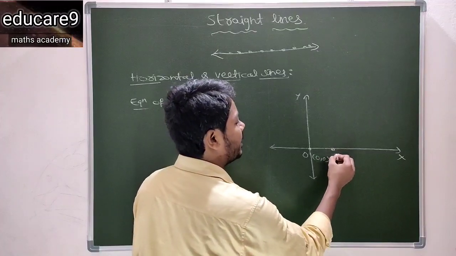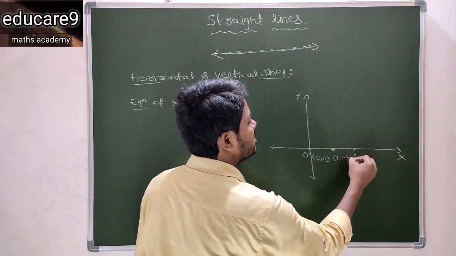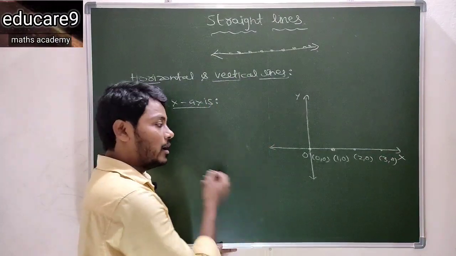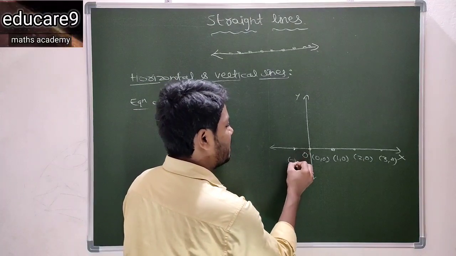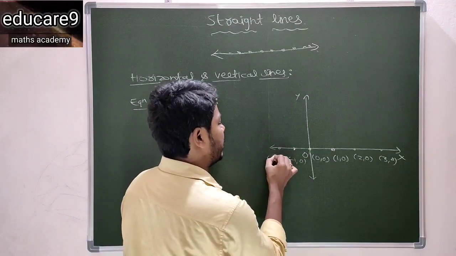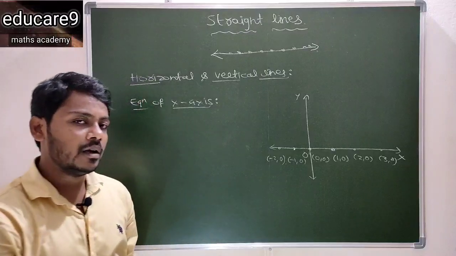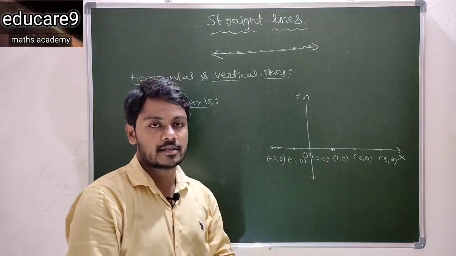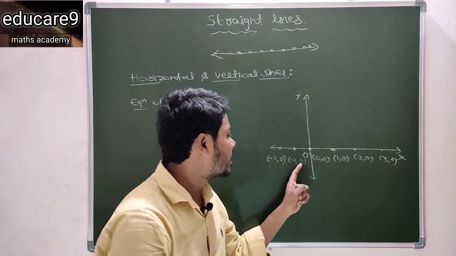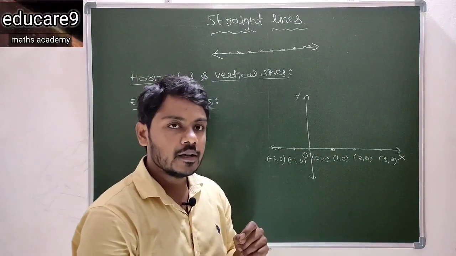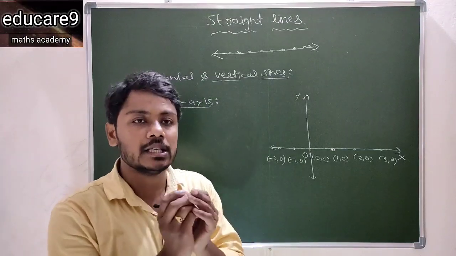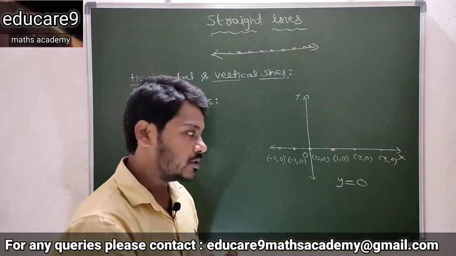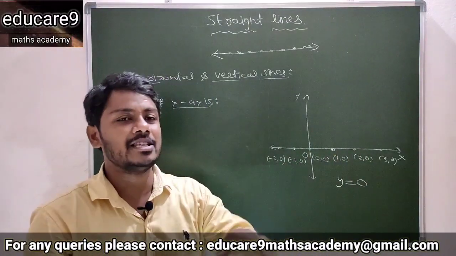For example, this point is 1, 0, this is 2, 0 and this is 3, 0. And on the left side, this is minus 1, 0, this is minus 2, 0 and so on. Observe the y coordinate of these points: every y coordinate is 0. So the y coordinate is fixed, and the fixed value is 0.